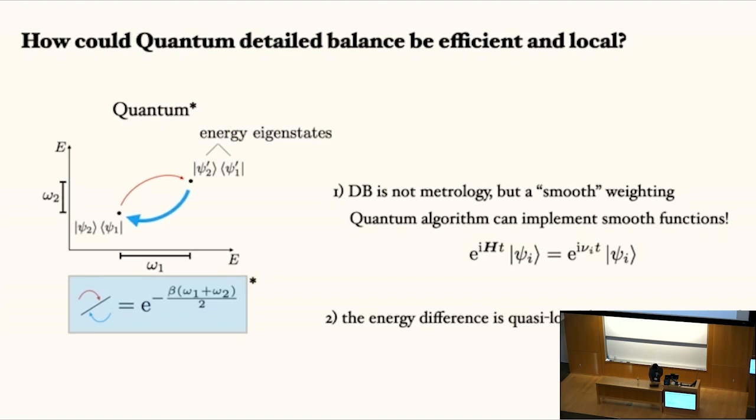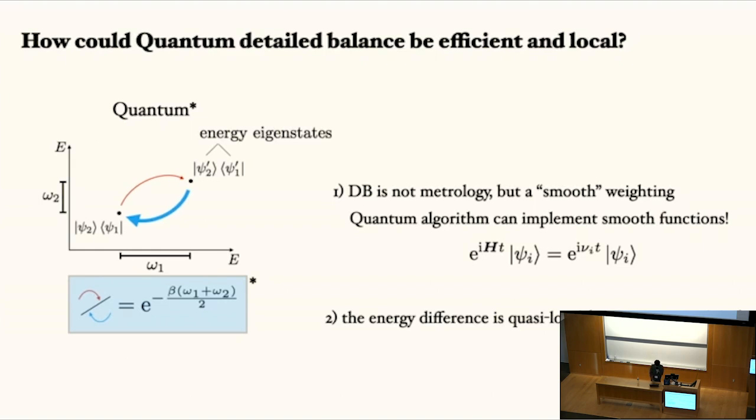Here I draw a little picture of a 2D plot to illustrate quantum detailed balance. I don't know if this makes sense, but roughly, quantum detailed balance is some kind of pairwise condition between these 2D points. Each point, as a bra and ket, is labeled by two energies. Quantum detailed balance wants the transitions one way and the other to be related by this Boltzmann factor.